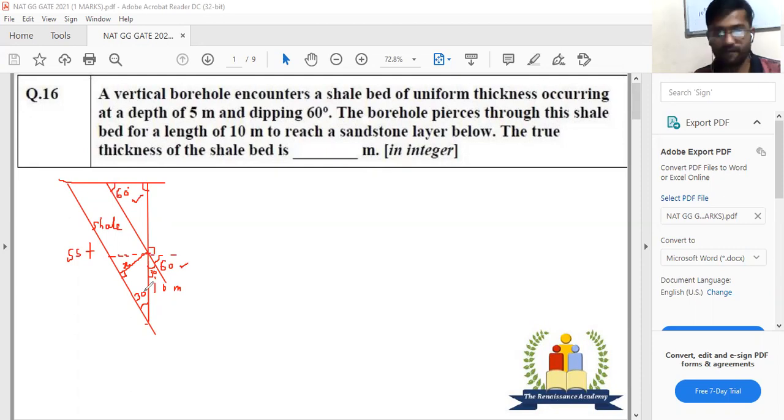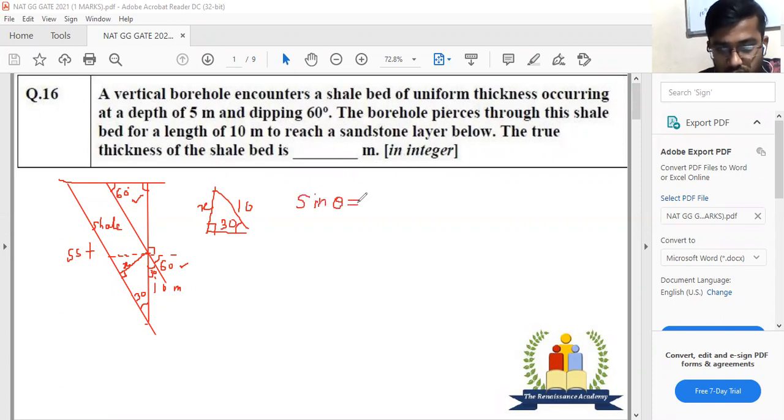Then because alternate angles are equal, this angle is 30 degree. Okay, now see. So now in triangle, let's say this is your right angle triangle, this is your 10 meter, and this side you need to calculate. X is your true thickness and this angle is 30 degree. Okay, so apply sine theta.